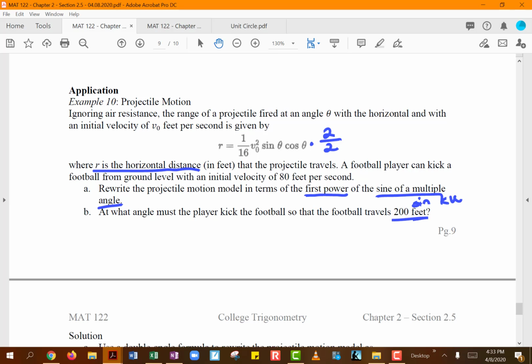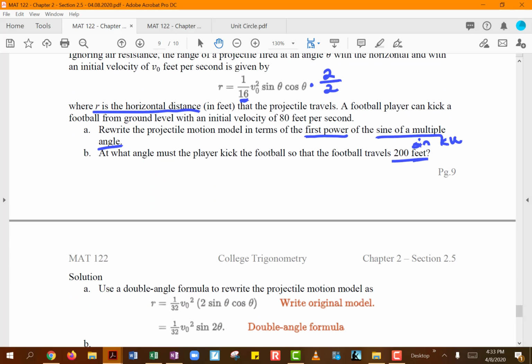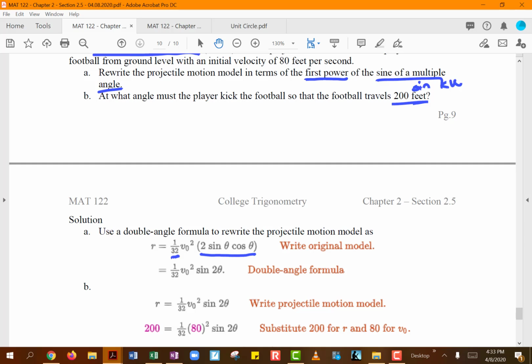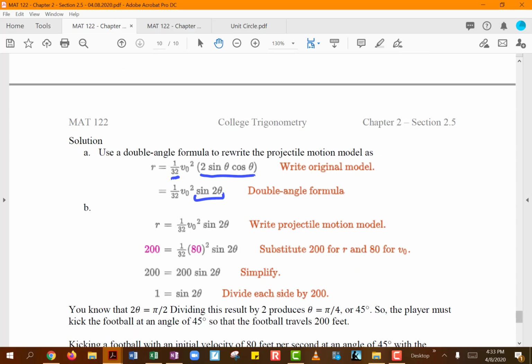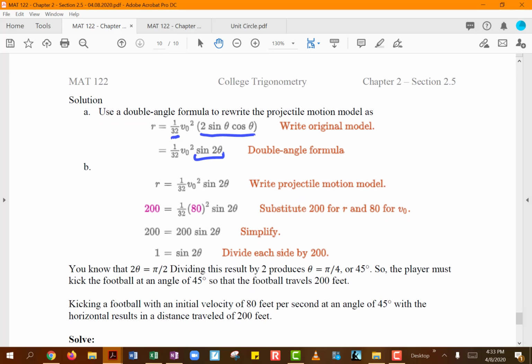So this 2 times 2 on the bottom with the 16 times 2 ends up becoming your 32. And then this numerator of 2 is going in with your sine of theta and cosine of theta. So that's how we're able to rewrite this guy as sine of 2 theta. So it ends up becoming 1 over 32 v sub 0 squared of sine of 2 theta. And then they're asking us at what angle can we get a distance of 200 feet.